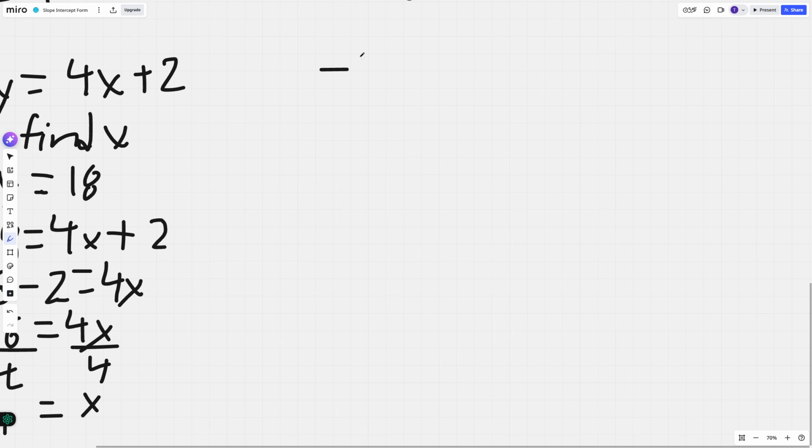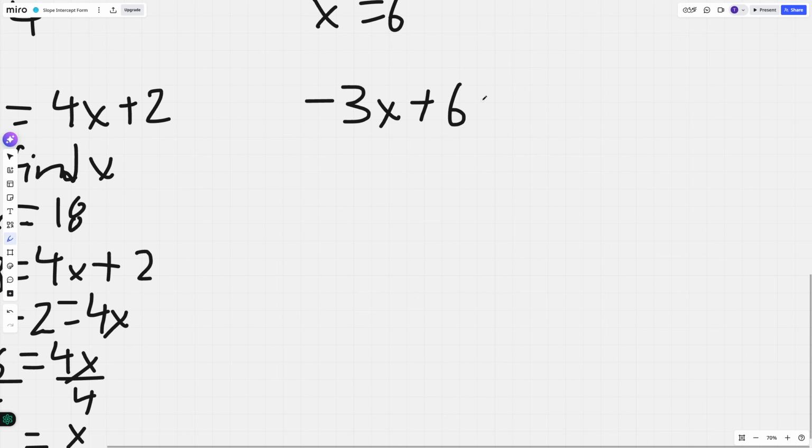Now let's do a little bit harder one. 3x plus 6 equals 0. You're like, what am I looking at? So when are you actually going to have $0 is what it's asking you. If you start with $6 and you lose $3 every hour. So you just rearrange the equation, like again. So minus 6 on this side, and then 0 minus 6 equals negative 6.